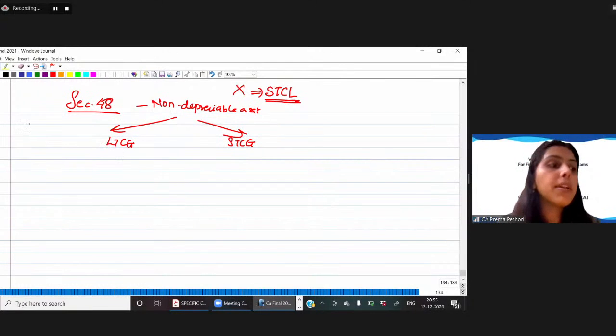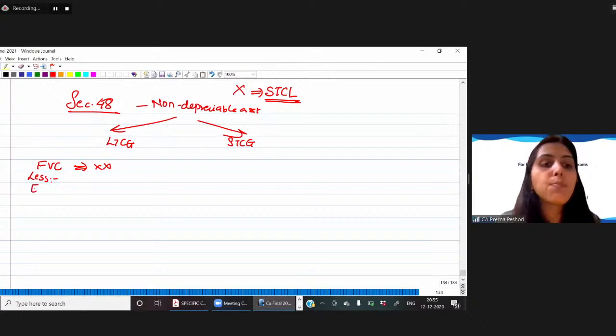For long-term capital gain: full value of consideration less expenditure on transfer, less indexed cost of acquisition and indexed cost of improvement, and this will be your capital gain.